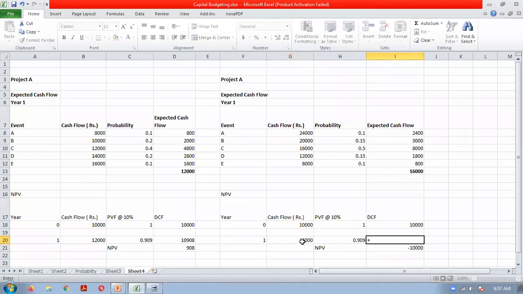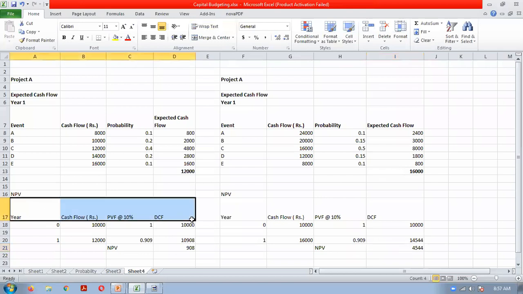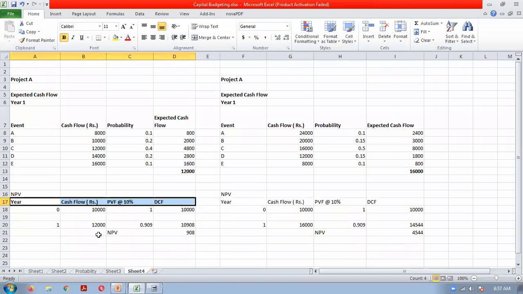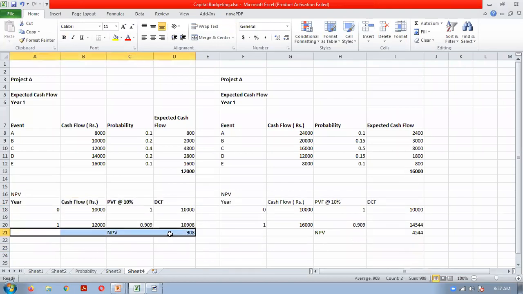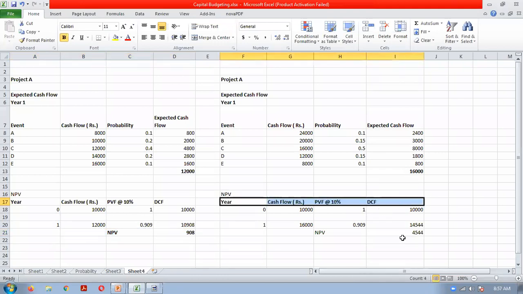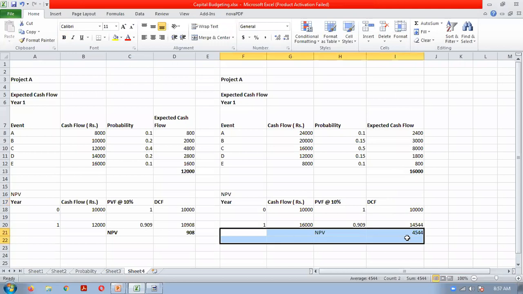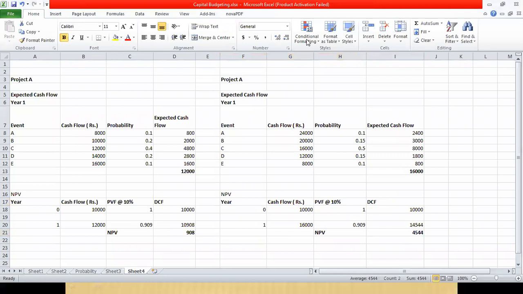Initial investment is the same for both the projects. So NPV for project B is 4,544. Okay. The 0.909 discounting factor, no?